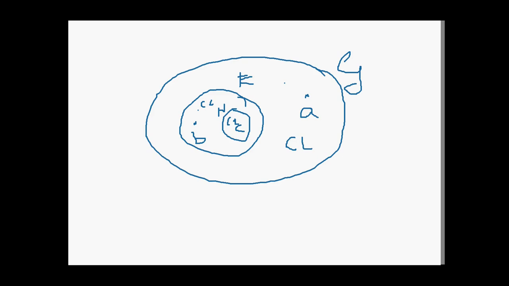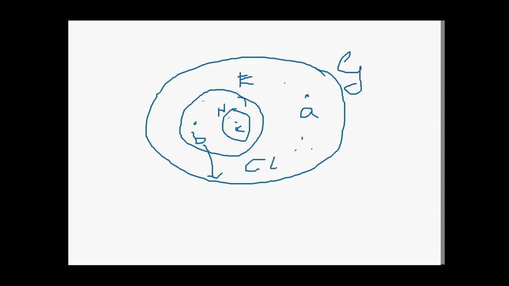Okay, now let me erase this and tell this again. This is a variable, this is b variable, and this is c variable. Can global space access the variable b?